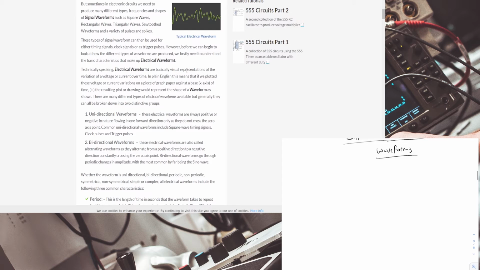Okay, so visual. So let's put waveform, a visual representation of the variation of voltage or current over time.